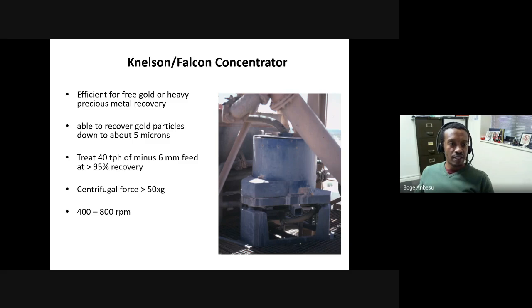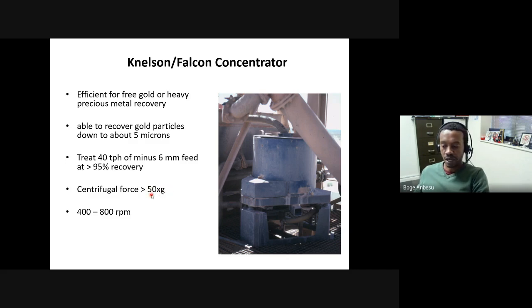In these separators, you apply what we call centrifugation, and centrifugation is applied in the bowl. For example, here is the separator for a Falcon. Inside this Falcon separator or Nelson concentrator is a bowl which is rotated at a very high speed. Centrifugal force could be greater than 50 times the force of gravitational acceleration.